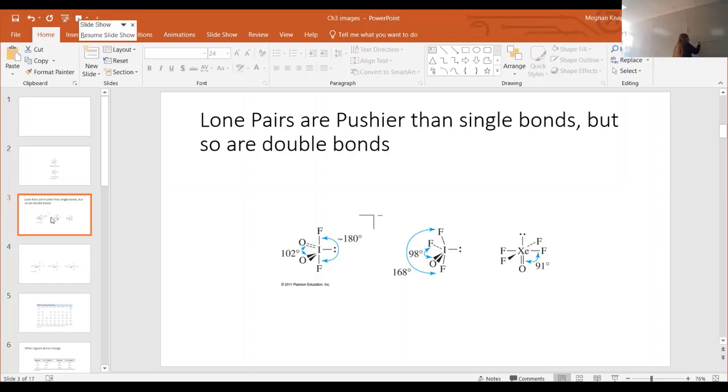Electronegativity is probably first and foremost among that. We have sterics, or size, and we'll talk about hydrogen bonding, that influences it.